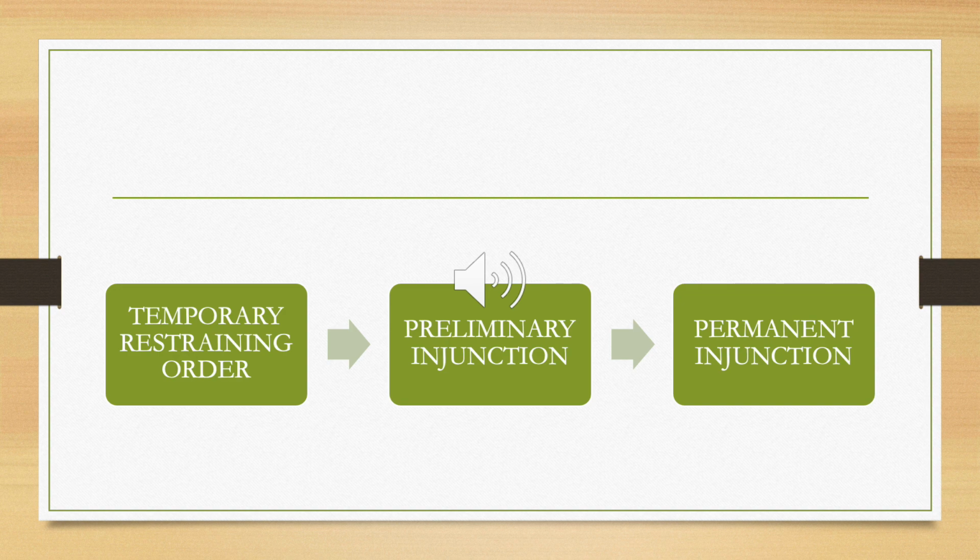The first of these two, the temporary restraining order and the preliminary injunction, are what we call forms of interlocutory relief, meaning that these are forms of injunctions that a party can avail itself of prior to a final trial on the merits.